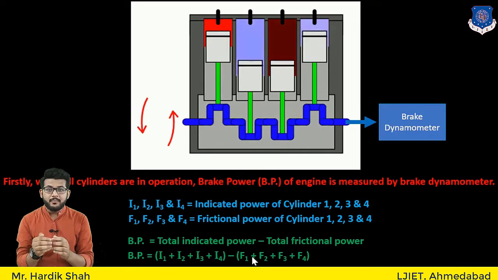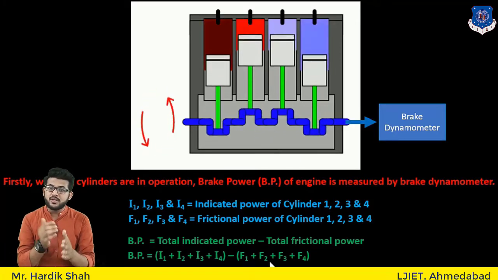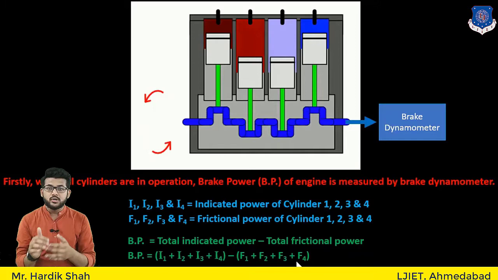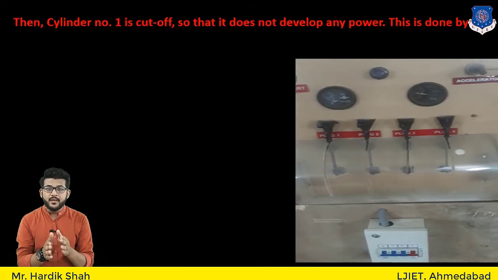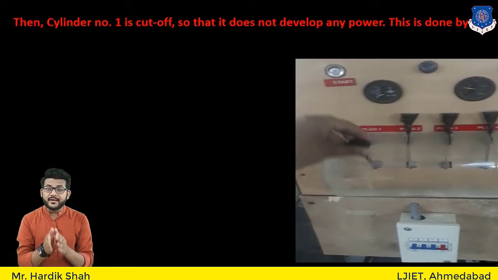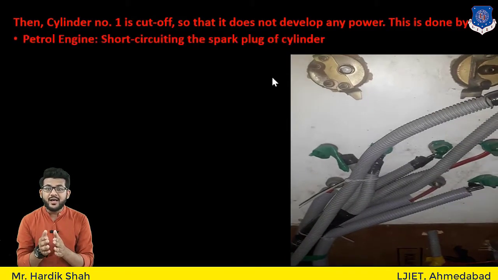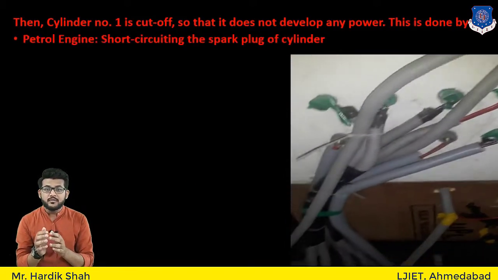Now you have to remember this formula because it will be used again. Here, in cylinder 1 we will cut off its power so that it does not develop any power. How is this done?